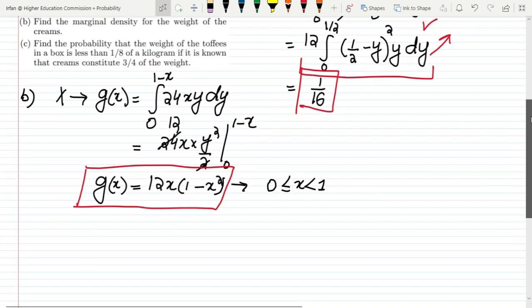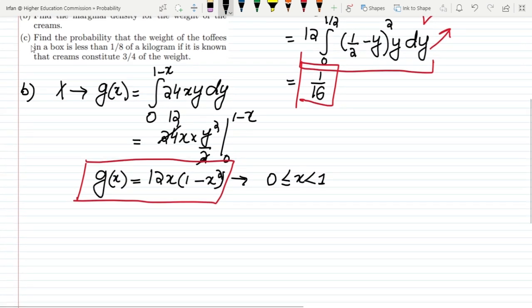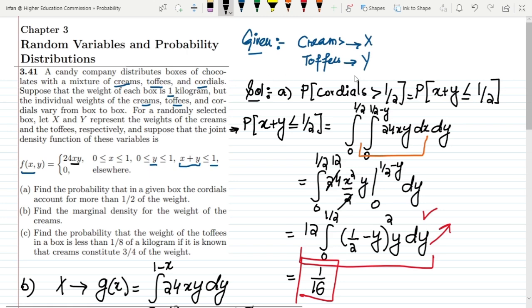Now moving to part C of my question. Find the probability that the weight of the toffees in a box is less than 1 by 8 kg. Let me first write the given data here. We have seen that the weight of the toffees was represented with y, and creams were with x.